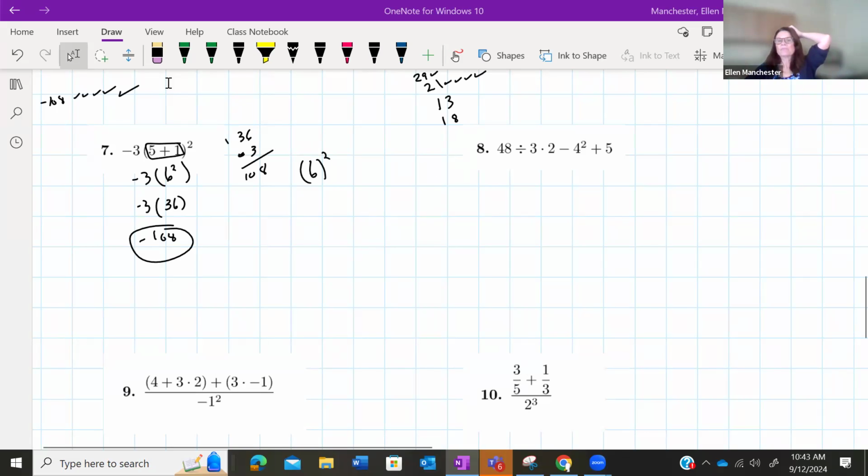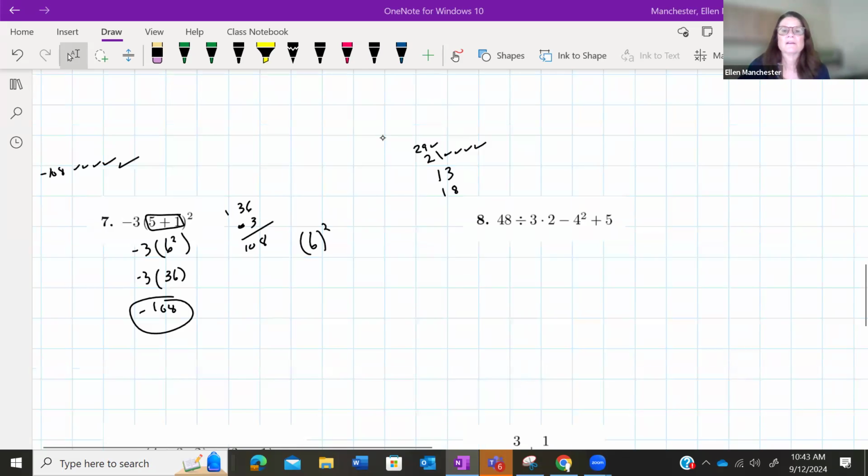Okay, here we go. What are we going to do first? Okay, Nathan got a 29. All right, what are we going to do first? Good. So there's no parentheses, there's no grouping symbols. So then we jump to exponents.